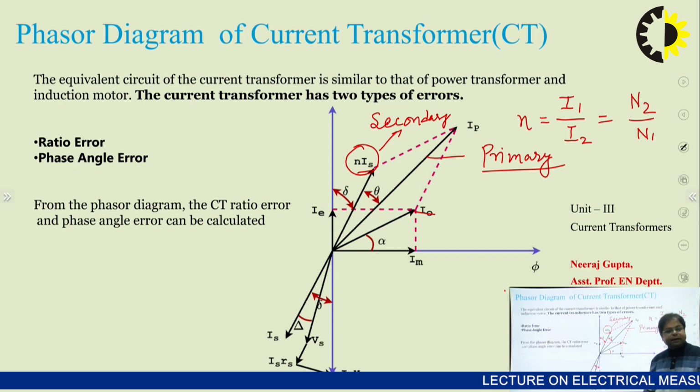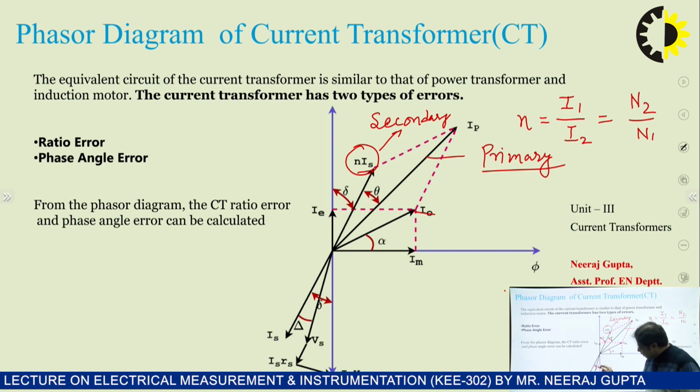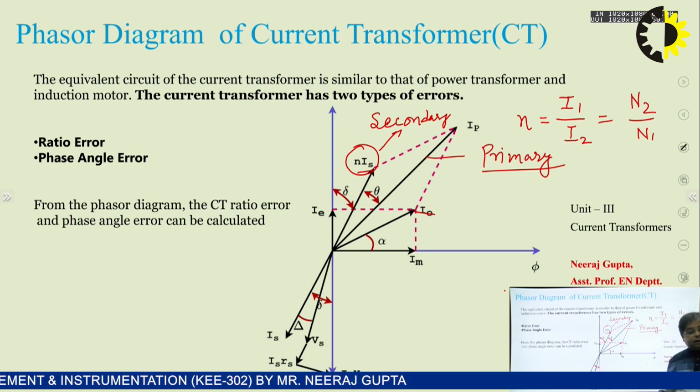What will be the total KVL equation in the secondary loop? That is the terminal voltage Vs plus IS RS. IS is the phasor in this direction, so parallel to that a phasor will be there, and at 90 degrees to it, the inductive voltage, which leads by 90 degrees.